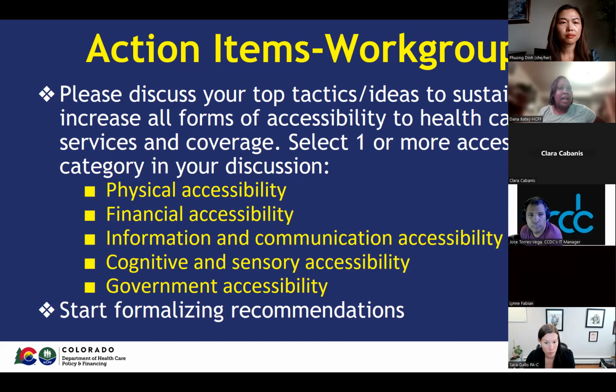You should have the Jamboard link, and you should have a link to the Word document that was used right around the first or second session. So I'm opening the rooms now. Feel free to choose your room. On the Jamboard, it has the instructions that were listed on the slide that's shown here.